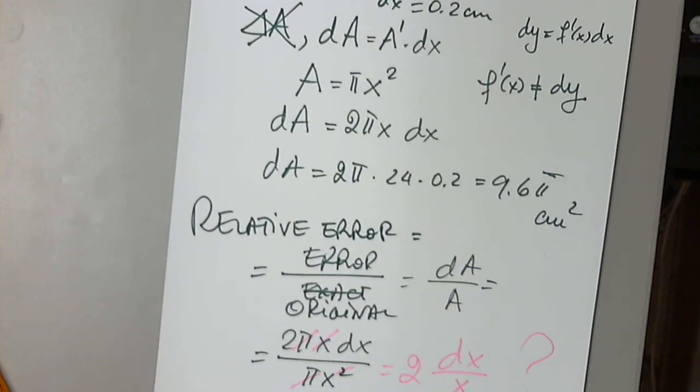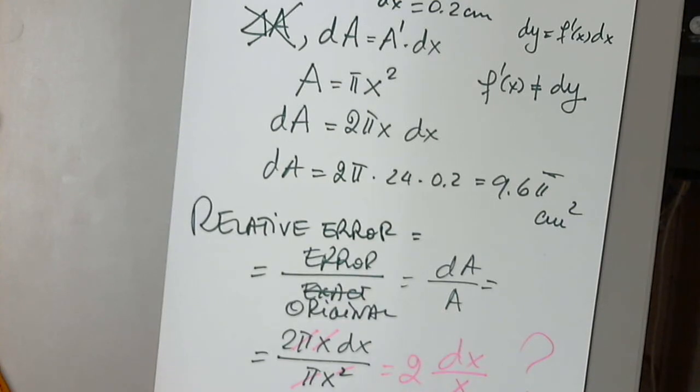What does this mean? This is the relative error in x. This is the relative error in the radius. So the relative error in the area is twice the relative error in the radius.